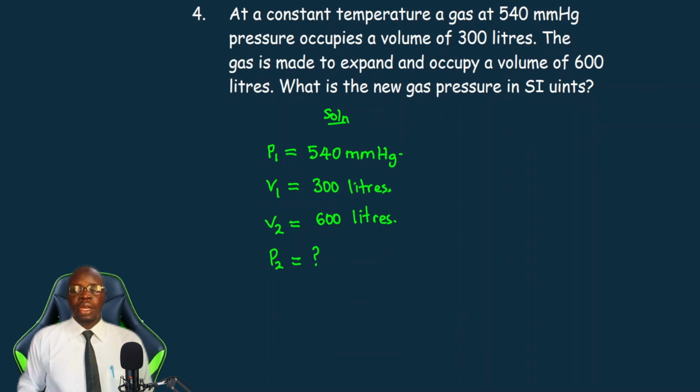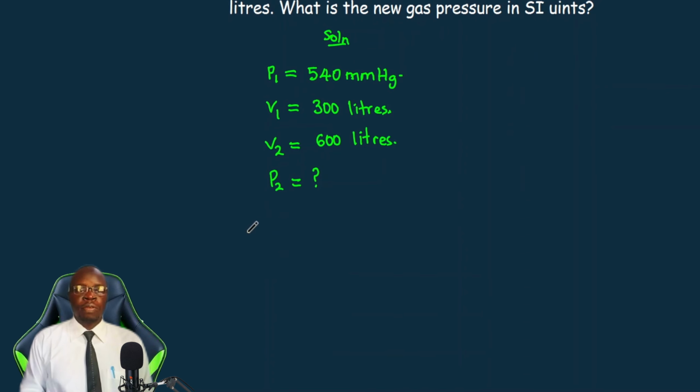Now again, we can quote our formula from Boyle's law. P1 V1 equals P2 V2.